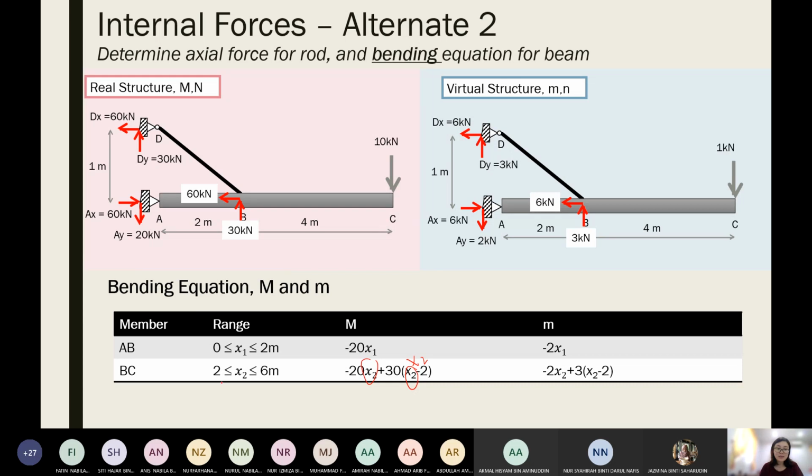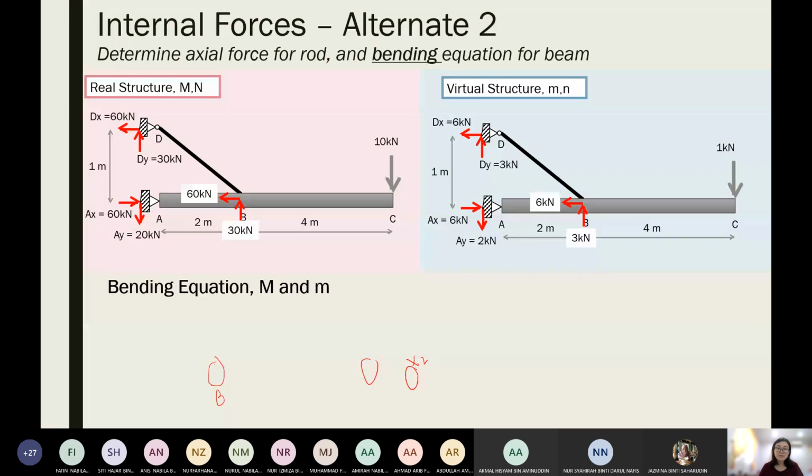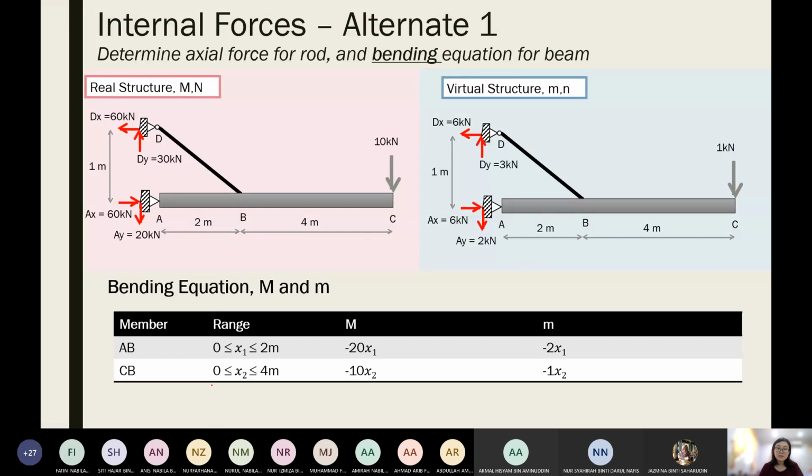But be careful, your x2, this 2 meter, is talking about B here, but this 4 meter here is talking about B. So be careful when you substitute B and check on alternate idea 1 and idea 2.